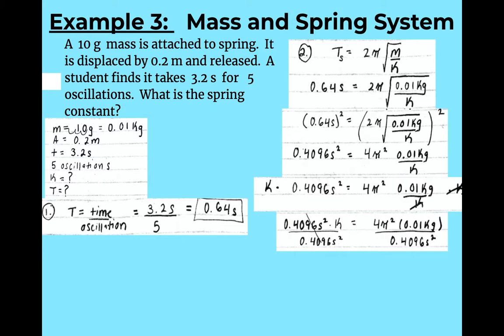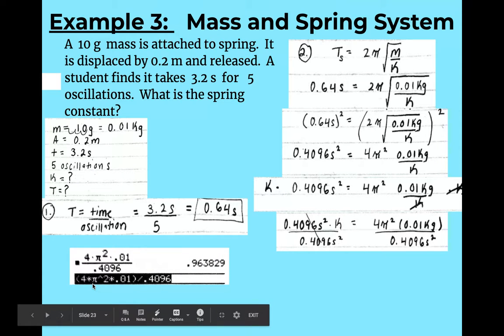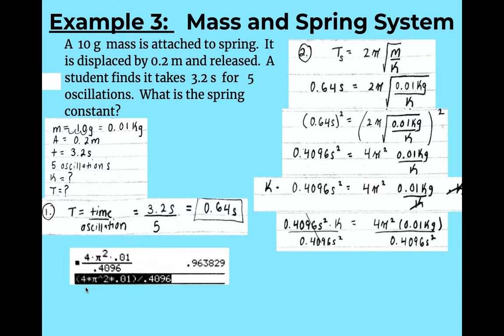In your calculator, to find K, you must type, as you can see at the bottom left-hand side of the screen, parenthesis 4 times pi squared times 0.01 close parenthesis, divided by 0.4096. You must put the entire numerator in parentheses and include a multiplication symbol between 4 and pi. If you do not, you will get the wrong answer.